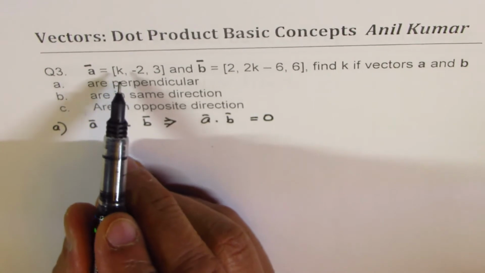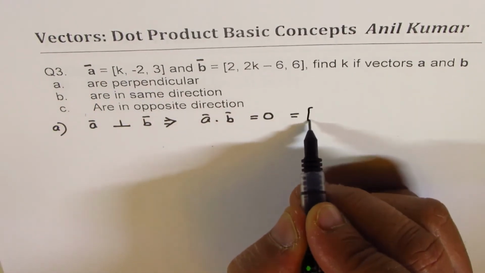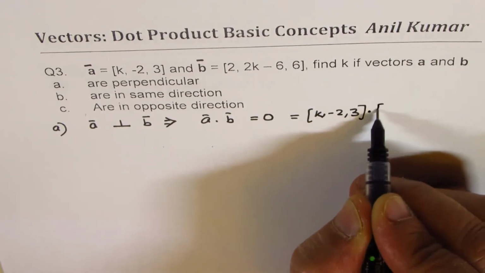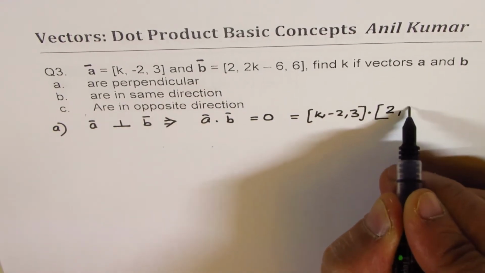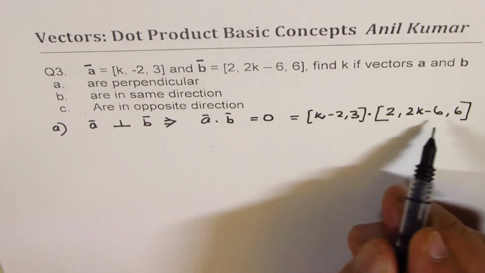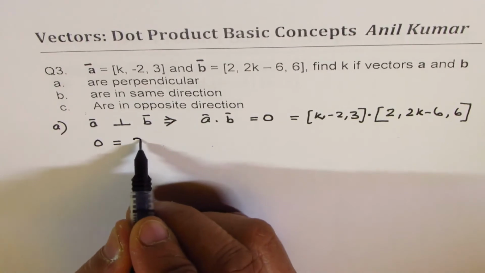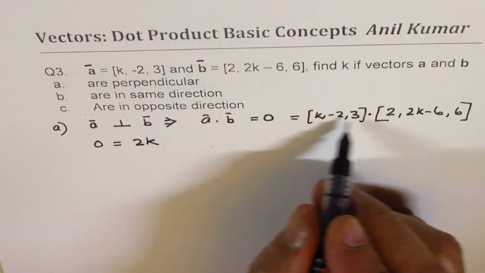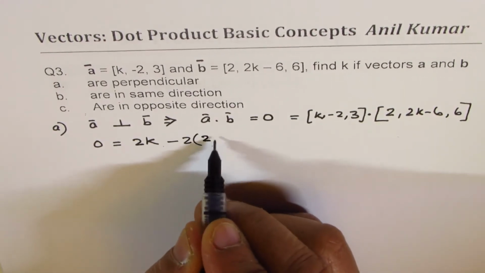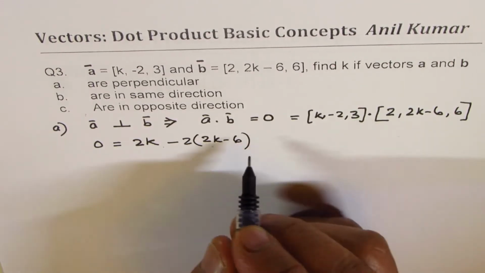Now what is A dot B? We could say 0 is equal to A, which is (k, minus 2, 3), dot B, which is (2, 2k minus 6, 6). So from here we could write 0 is equal to k times 2 is 2k, minus 2 times this, let's write minus 2, we have 2k minus 6, and 3 times 6 is 18, so plus 18.